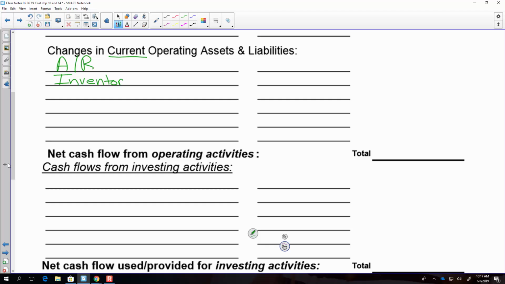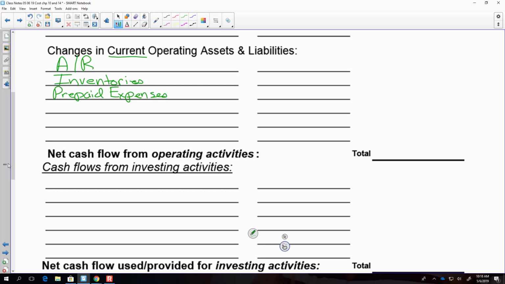What could be another current asset that might show up here? It's not on this problem, but what's another one? Marketable securities could be. Prepaid expense. Prepaid is the one I'm looking for, yeah. So be watching for the prepaid expenses. They are also considered current.